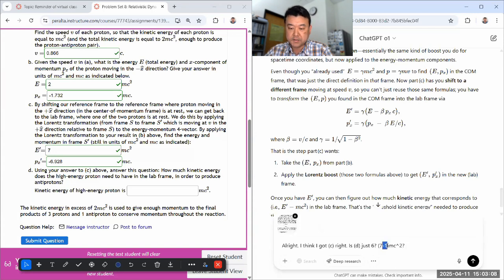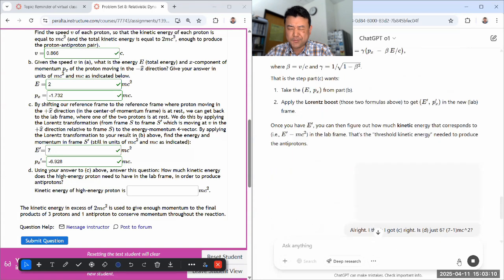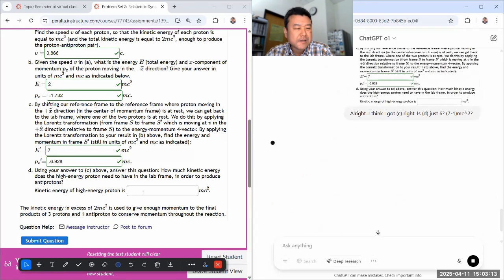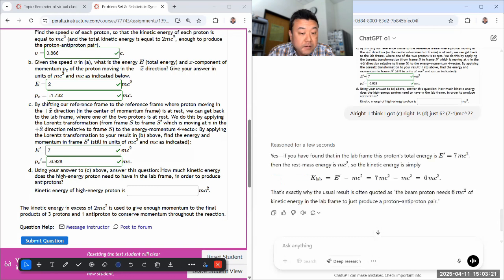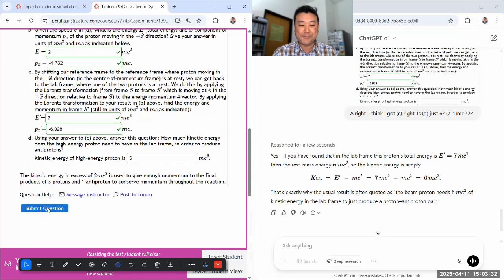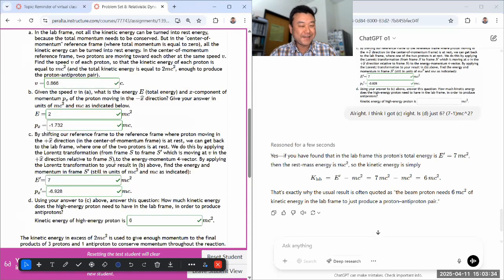And I'm sure that is a mistake without having thought about it too deeply, because I have to subtract out the rest energy of 2 protons. Or maybe that is actually right, because I think we're just asking about the one that's moving, not the stationary target. Yeah, all right. I was trying to make a mistake, but didn't. It's fine.